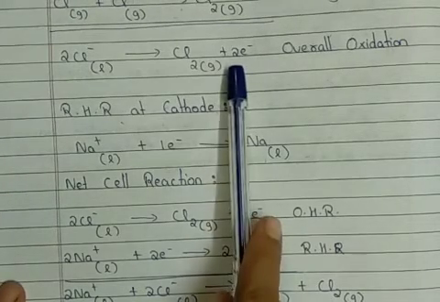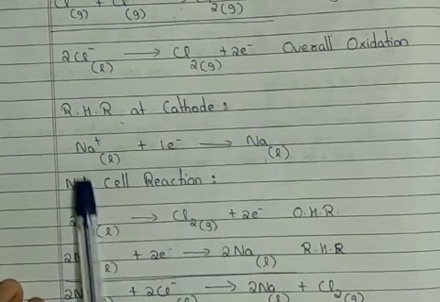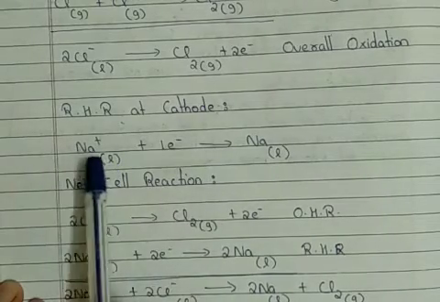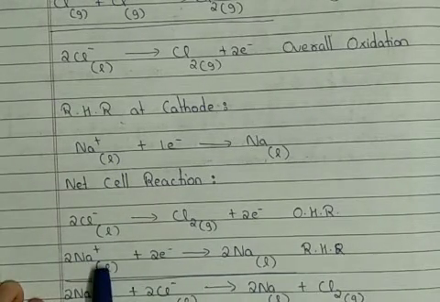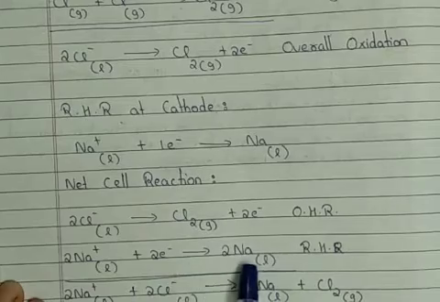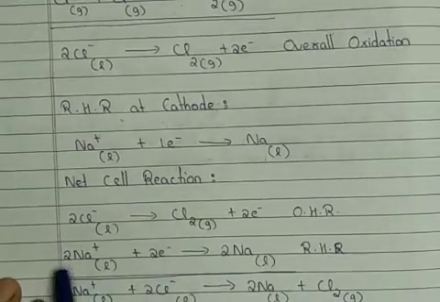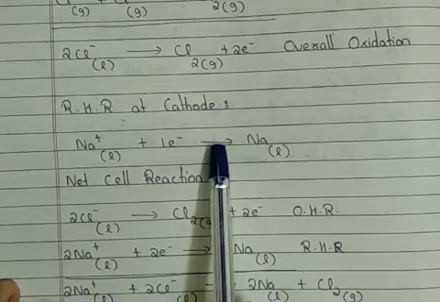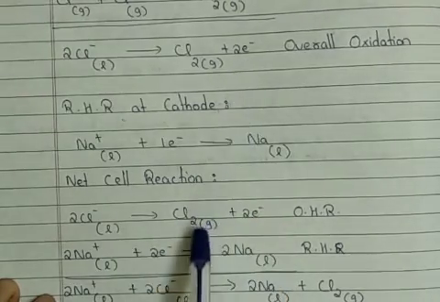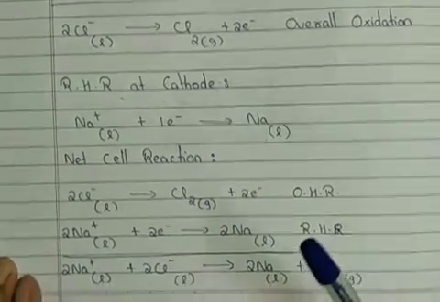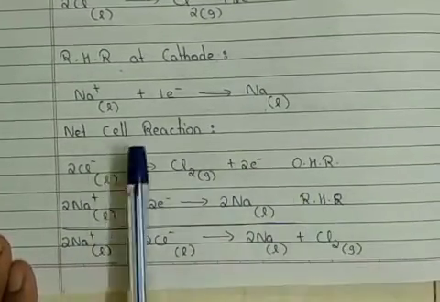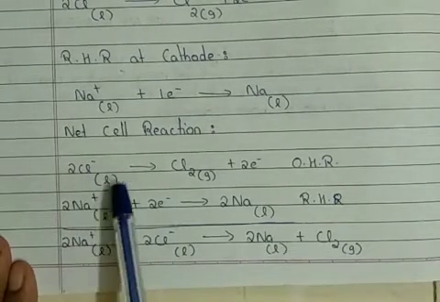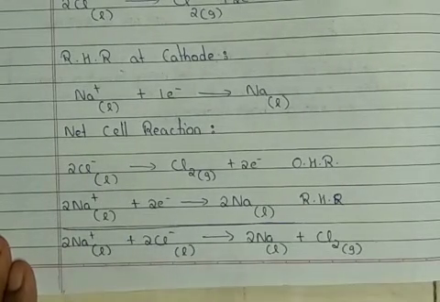So as this is losing 2 electrons, I will multiply my reduction half reaction by 2, making it 2Na plus plus 2 electrons giving 2Na. That is why the reduction half reaction has become 2 times of what I had written, to balance the number of electrons. So we write down those oxidation and reduction half reactions. Whatever is the same on the opposite sides gets cancelled.